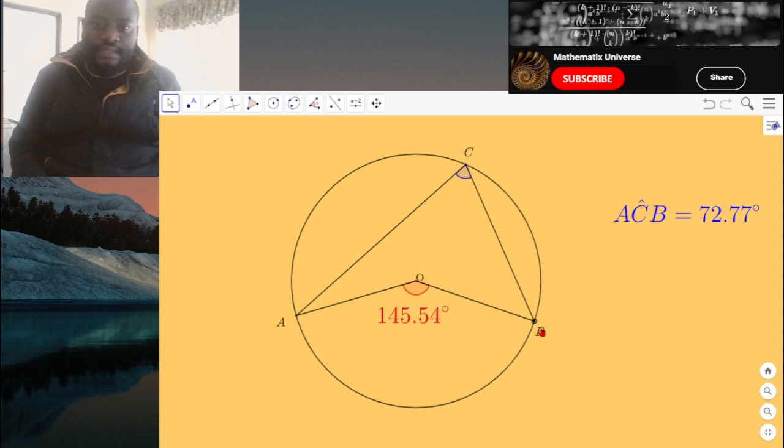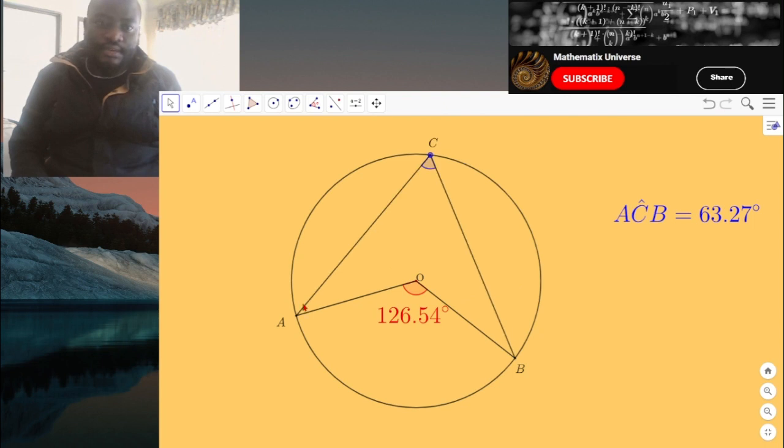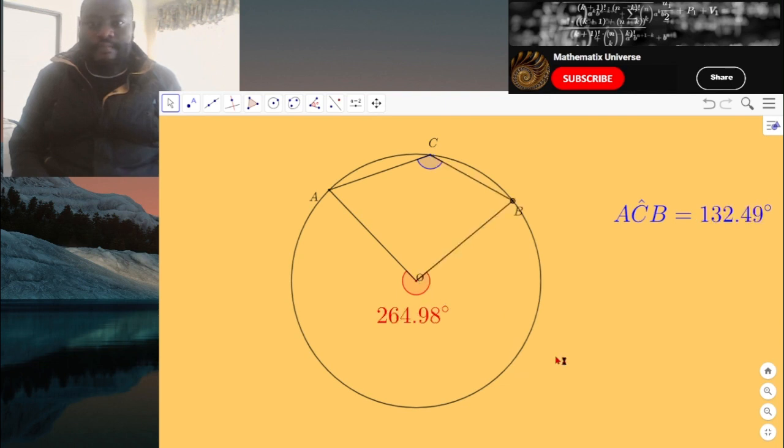So this is how that first diagram looked. And then this is how diagram C in the proof looked. So this angle is 2 times this angle.